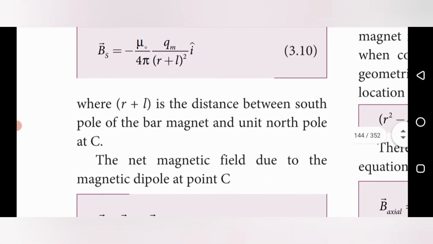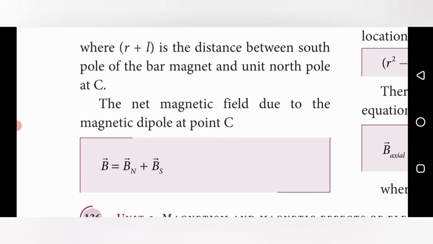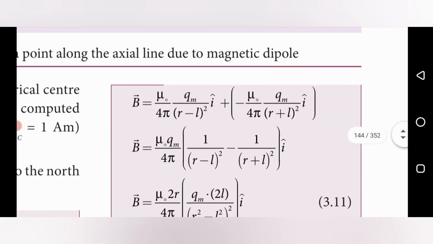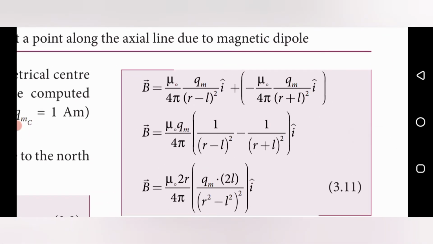Next is the net magnetic field due to the magnetic dipole at point C. We take the algebraic sum of the two fields, that is Bn plus Bs. So B is equal to the substituted values of Bn and Bs. You know the minus sign is there, so take the common values outside: mu naught Qm by 4 pi, and inside, 1 by (R minus L) whole square minus 1 by (R plus L) whole square, along the unit vector i.